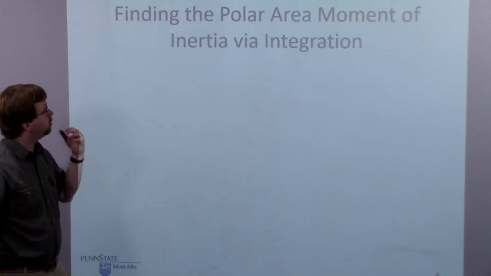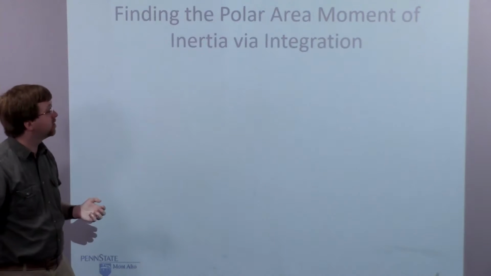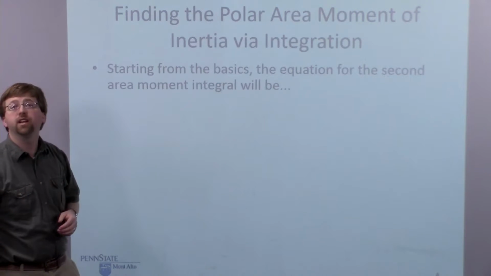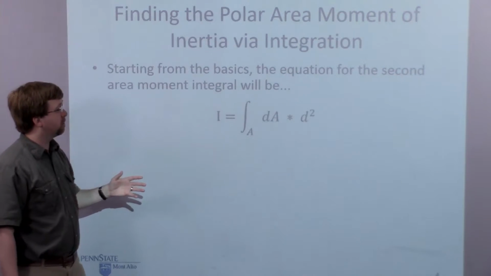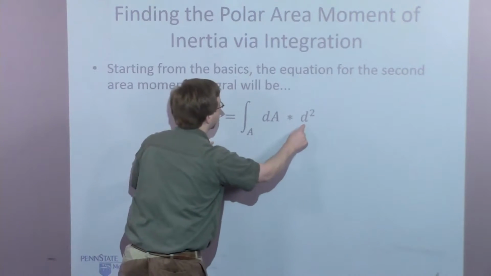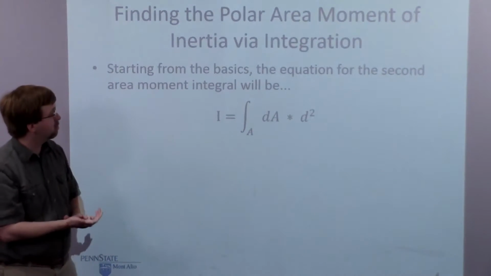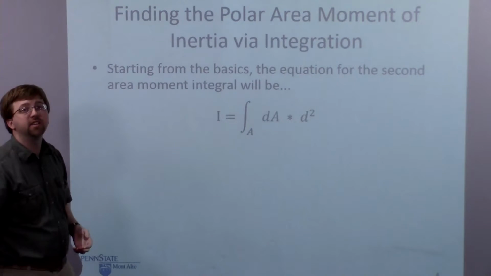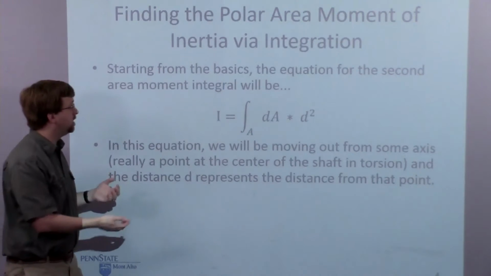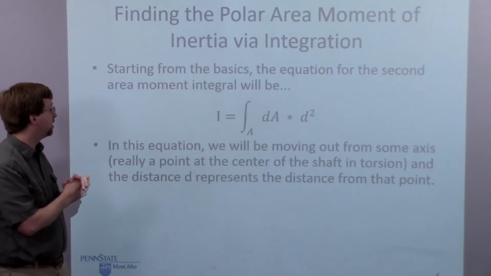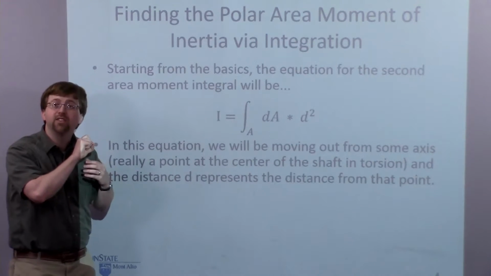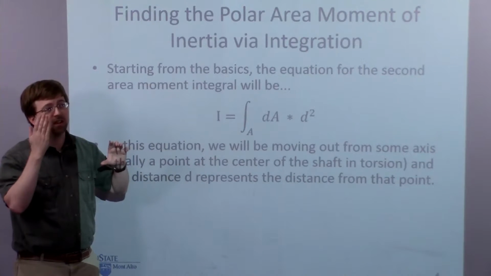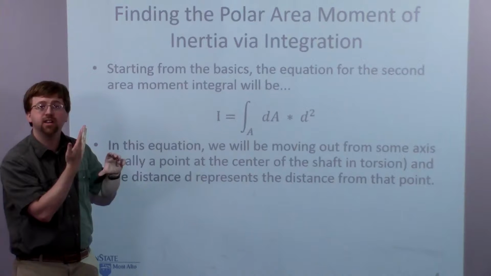All right, so how would I go about calculating this? Well, we start with the equation for the second area moment integral. If I'm integrating over some area, I've got this d squared term, that's the second area moment integral. And I need to think about what that distance is here. In this equation, we're moving out from some axis, and the neutral axis in a shaft due to torsion is, if I'm looking at the cross section of the shaft, going to be the z-axis.